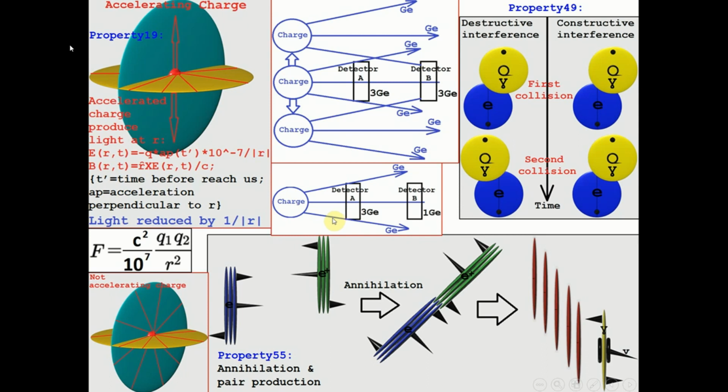If we shoot two photons one after each other, we will say that they are causing destructive interference if the first one hits the detector on the right side and the other one hits the detector on the left side of the electron. They are moving right one after the other, but the first one and the second one are precessing with different initial angular velocity.